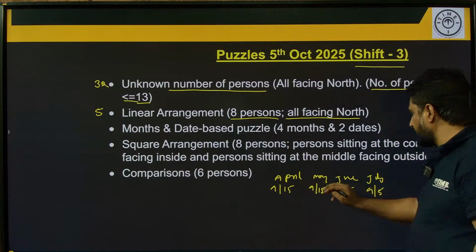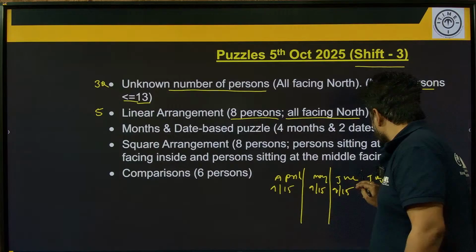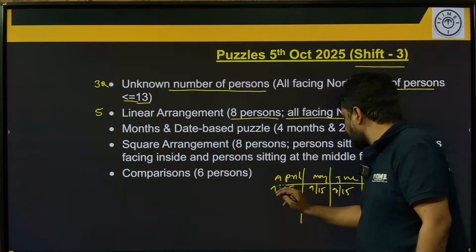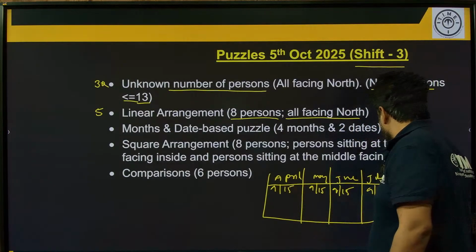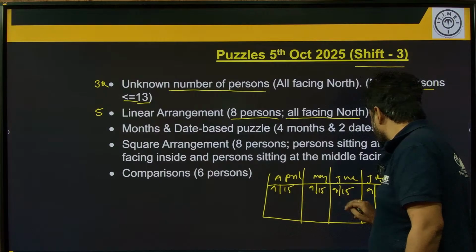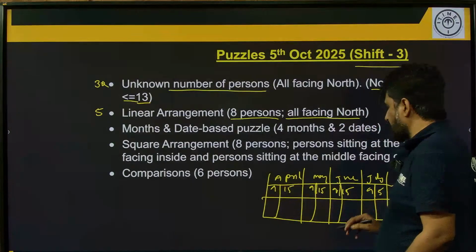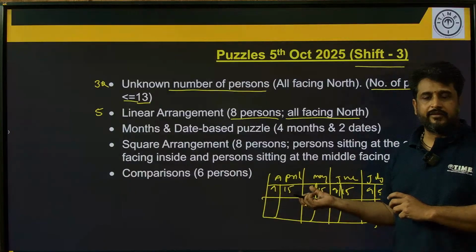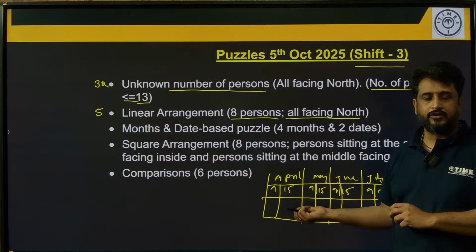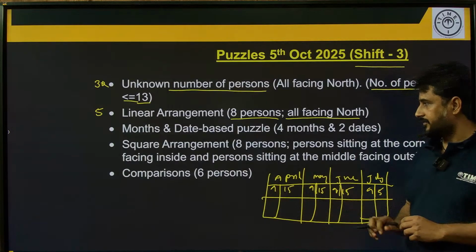Now we have to find out who was born on which date and in which month. This is a basic structure for a months and dates based question. Maybe you are aware of that, but we have to freeze the months and dates, and then distribute the clues. We have to arrange the persons.